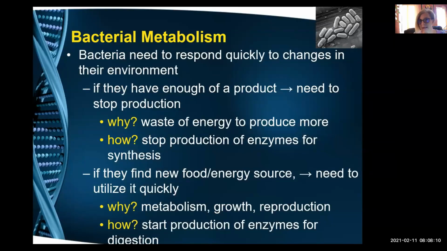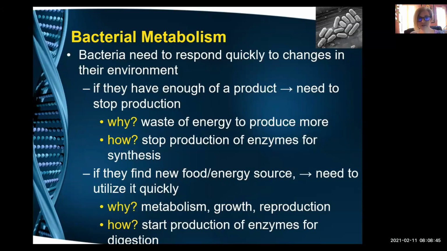So bacteria need to respond to their environment quite quickly, right? Because they're a very little organism, they're affected greatly by their environment. If they have enough of a product, they don't need to make any more of it, so they're going to stop the production. These repressible operons are usually going to be like when you're synthesizing something. So they stop the production of the enzyme so that you no longer make whatever the product is.